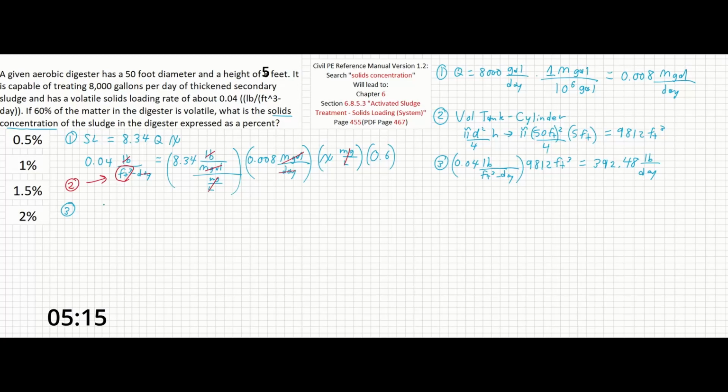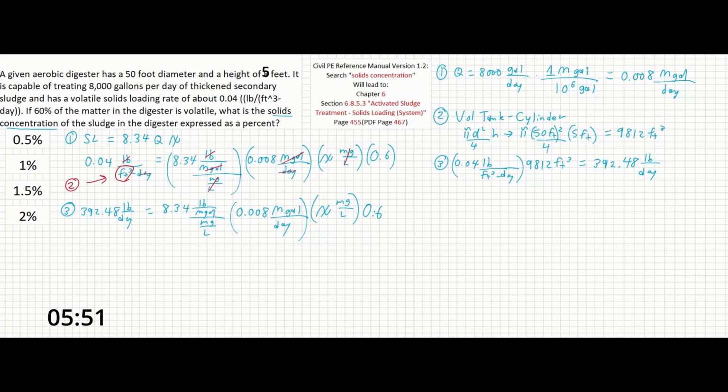So if we update our equation one more time, we can get 392.48 pounds per day equals 8.34 pounds over mgal over milligrams per liter times 0.008 mgal per day times x in milligrams per liter times 0.6.